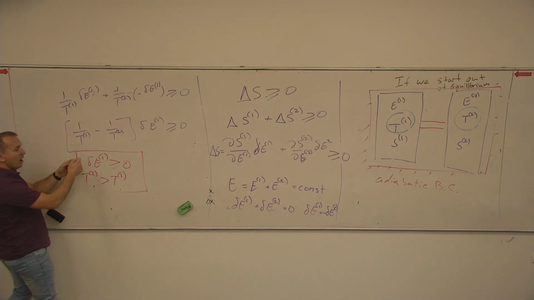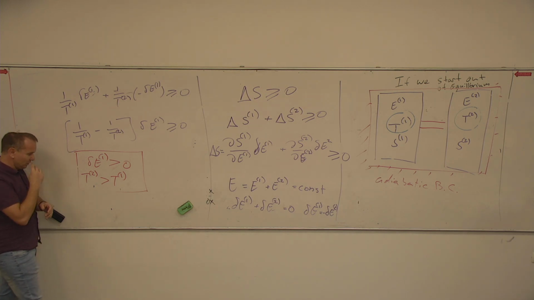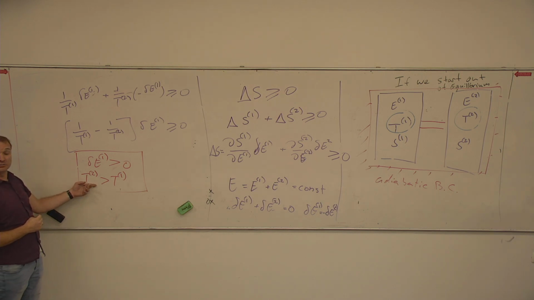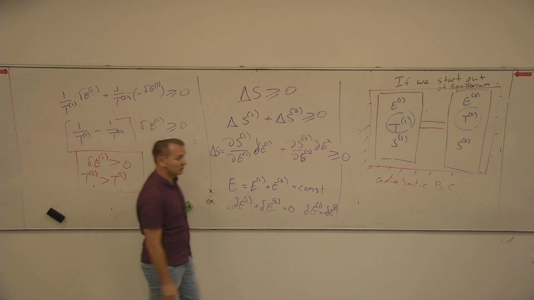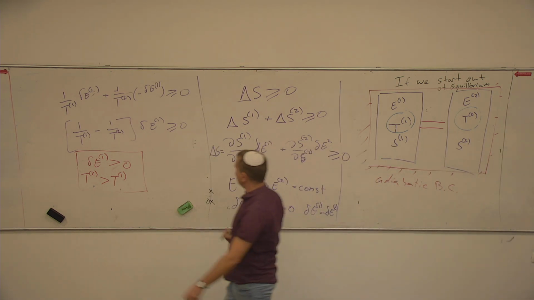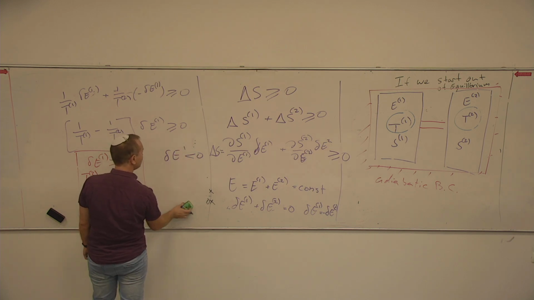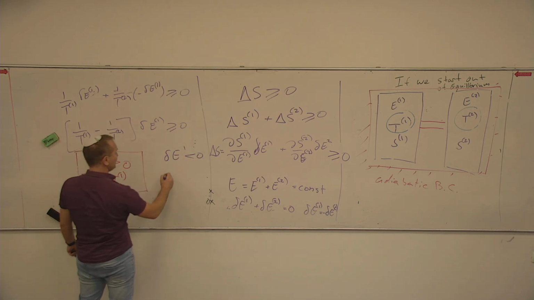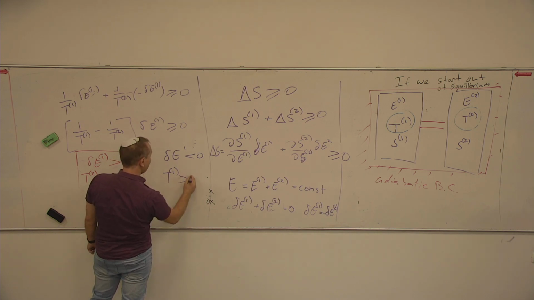So heat flows from hot systems to cool systems, from systems with higher temperatures to systems with lower temperatures. I do the same thing if delta E is smaller than 0, and I will obtain that T1 is larger than T2.